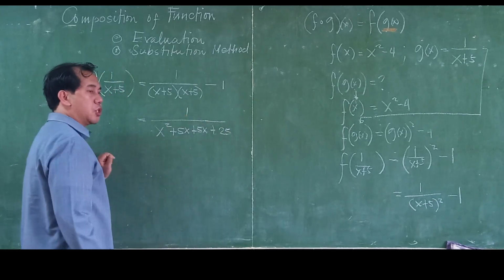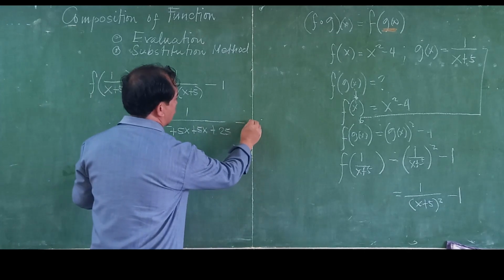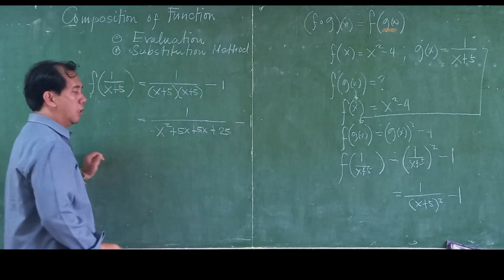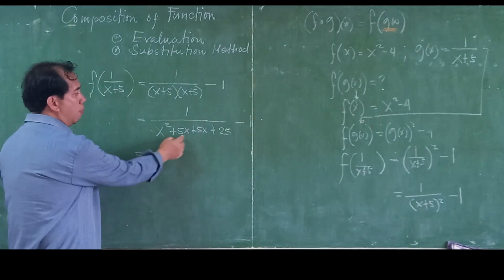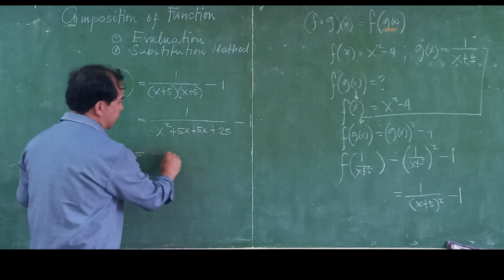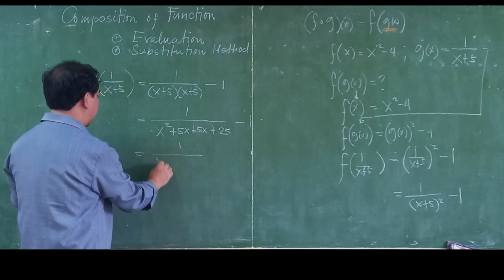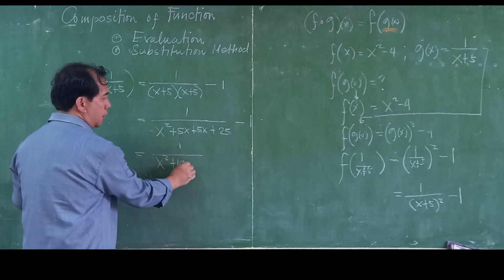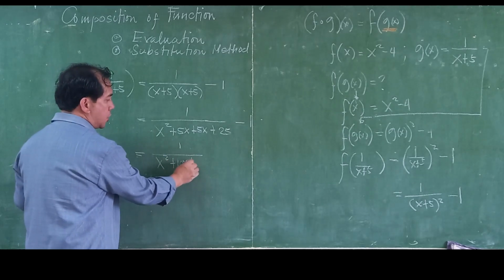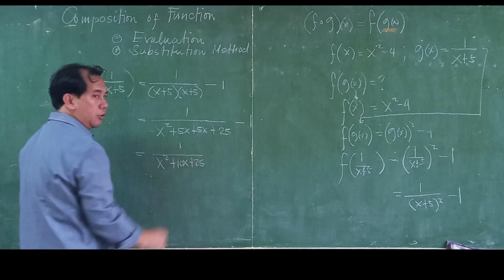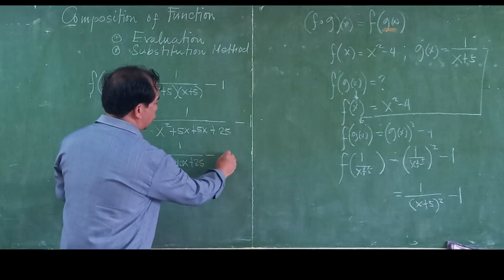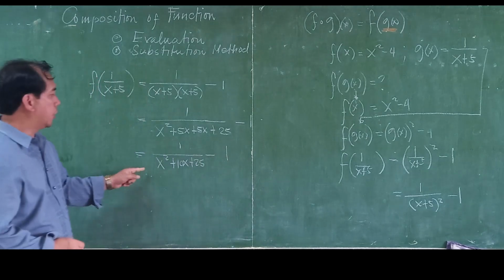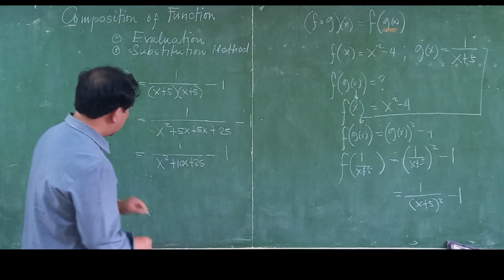Of course, that is 1, minus 1. Let's continue. Combine. So that is the same as what? 1 over x raised to 2 plus 10x plus 25, minus 1. What is the LCD?